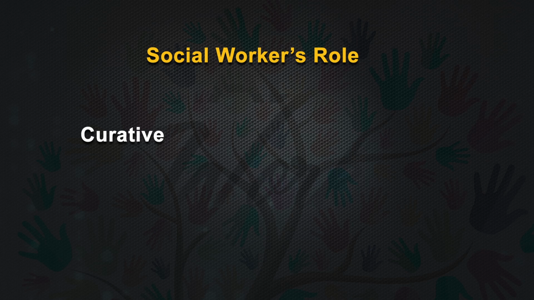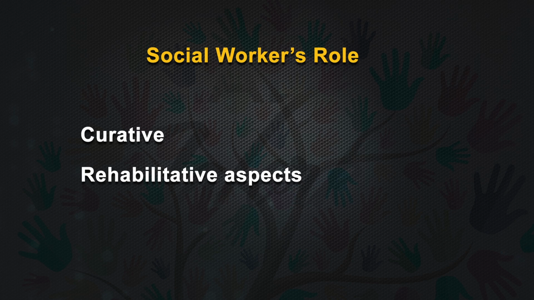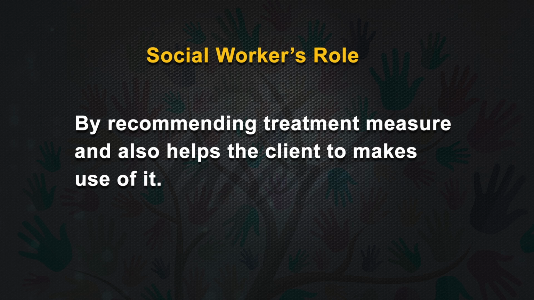The function of social work is to restore the social functioning of the individual. The impaired social functioning is restored by the social worker. It has two aspects, curative and rehabilitative. The social worker cures or treats the problem by recommending treatment measures and also helps the client to make use of it.